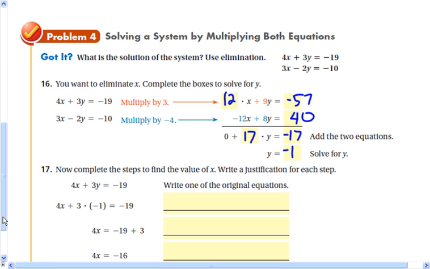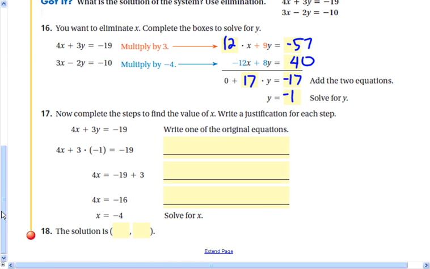To find the other value, they've done it for you. You just have to complete the steps. So this first step here, they're substituting negative 1 for y. Second step, they are adding 3 to both sides, so using the addition property of equality.